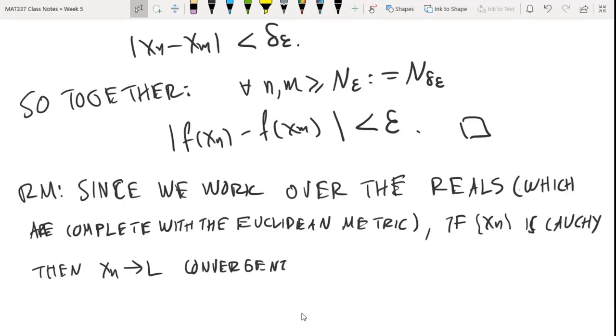So, yeah, that's a quicker proof. So f of xn goes to f of L is also convergent.